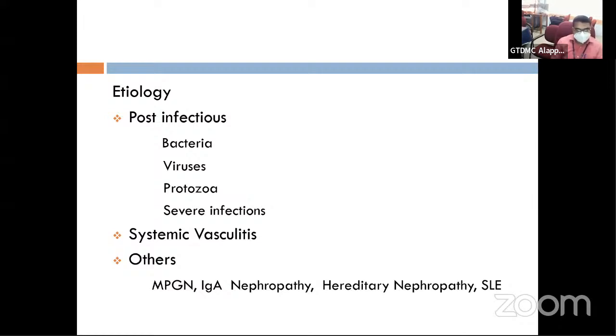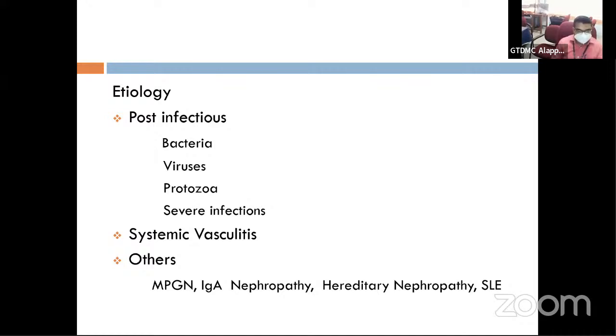Then another group of conditions that can present with glomerulonephritis is systemic vasculitis, like HSP, Henoch-Schönlein purpura, polyarteritis nodosa (PAN), and Wegener's granulomatosis.